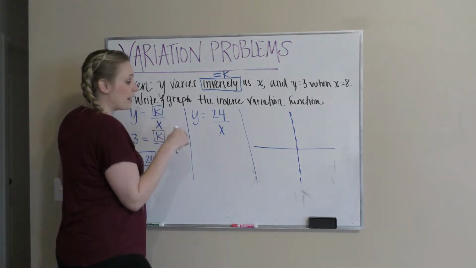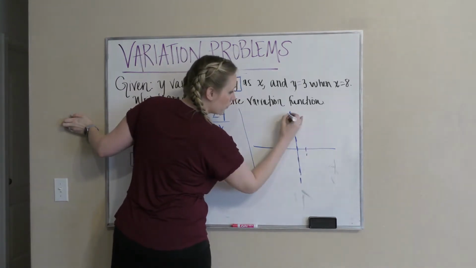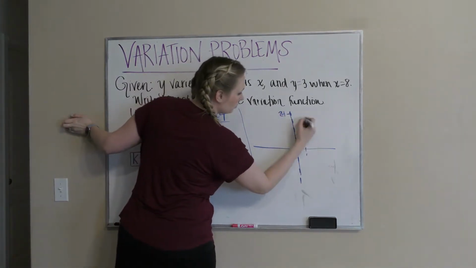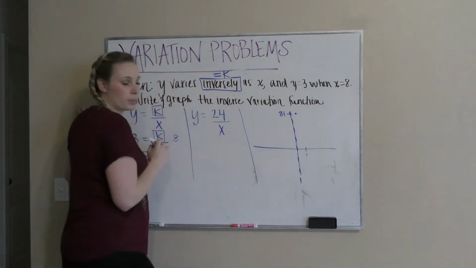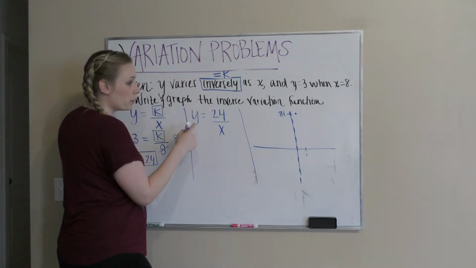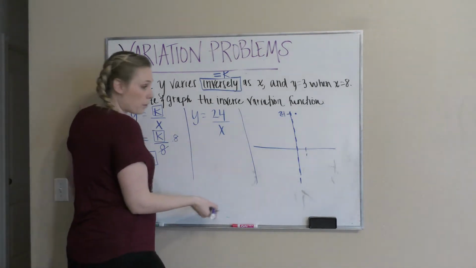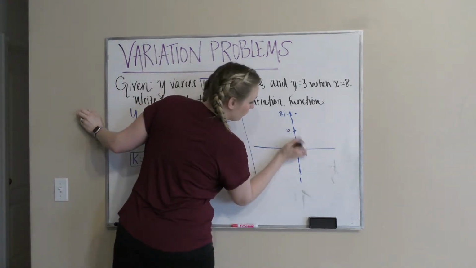24 divided by 1 is 24. So when x is 1, y is 24. Okay. Then I can plug in 2. 24 divided by 2 is 12. And that's exactly halfway.